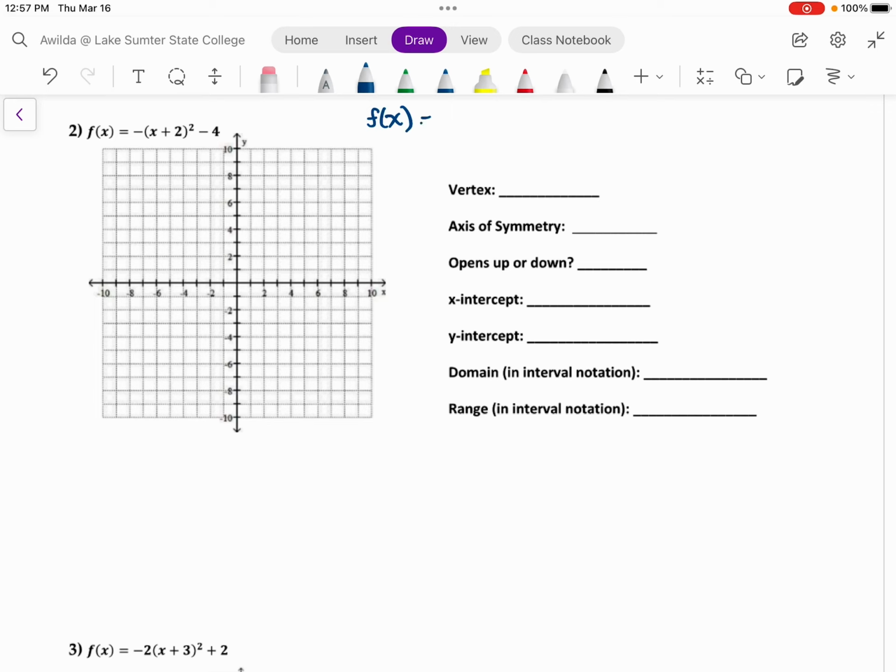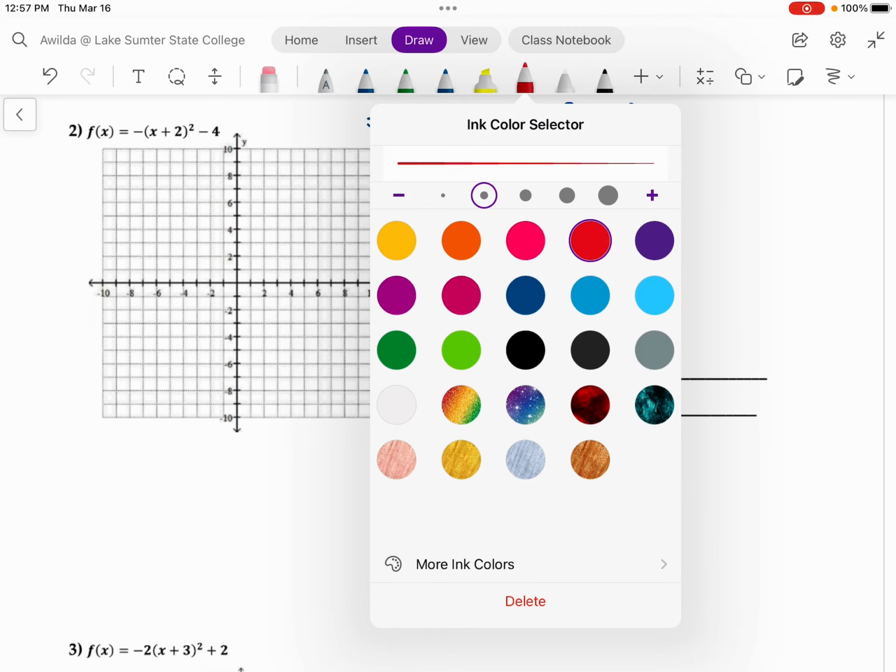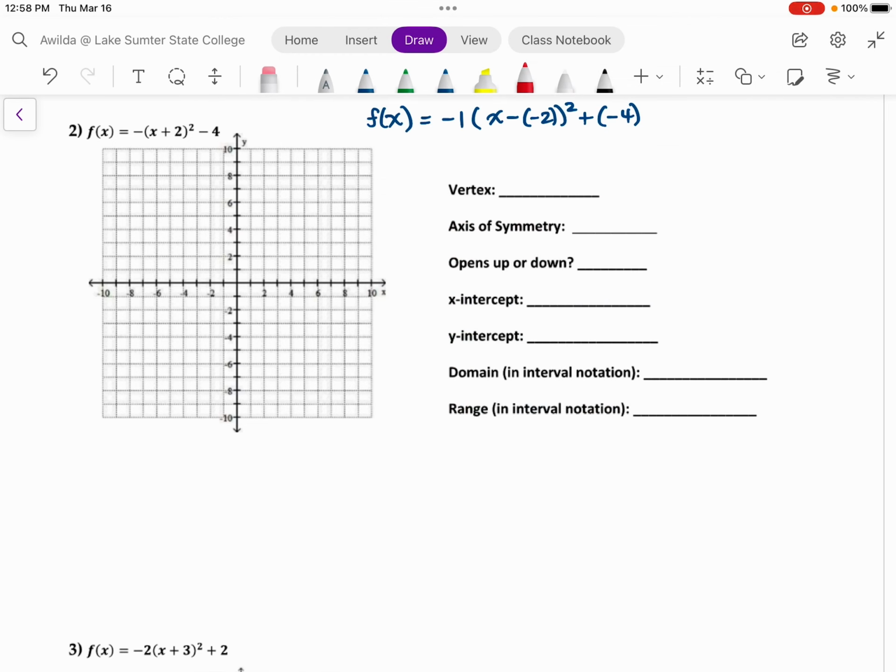So I'm going to write this as -1 times (x minus a -2) quantity squared plus a -4. Here we have that a is a -1, h is a -2, and k is a -4.